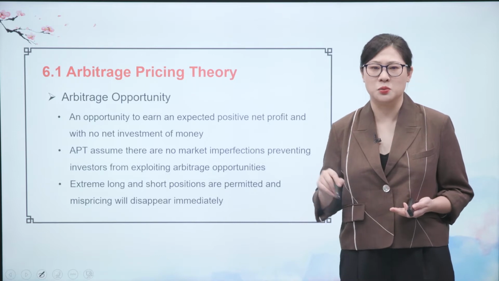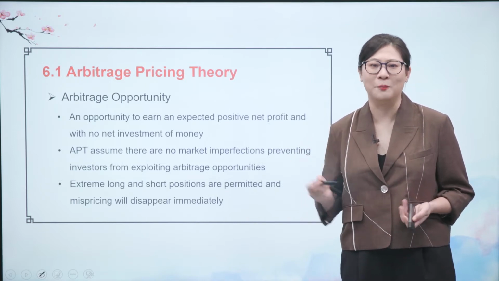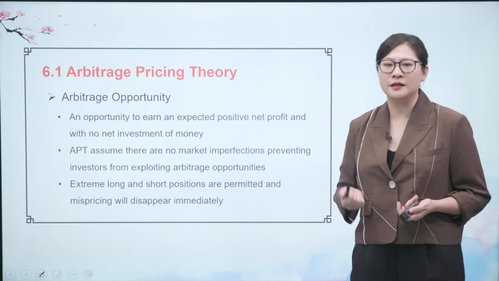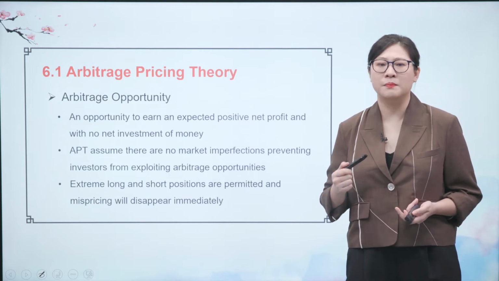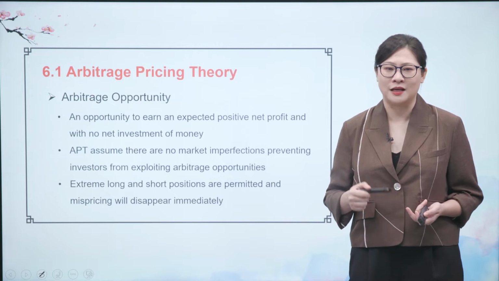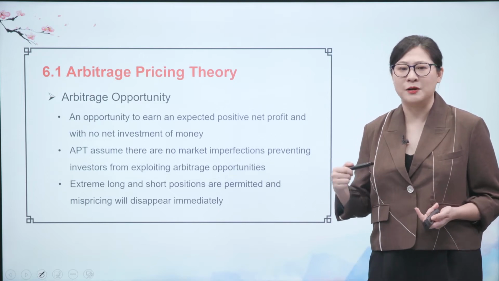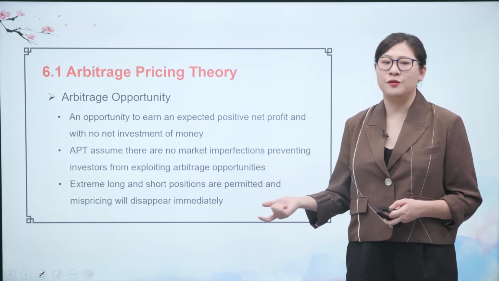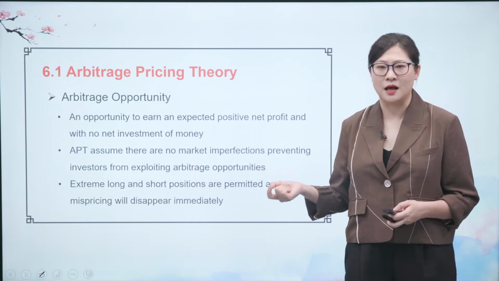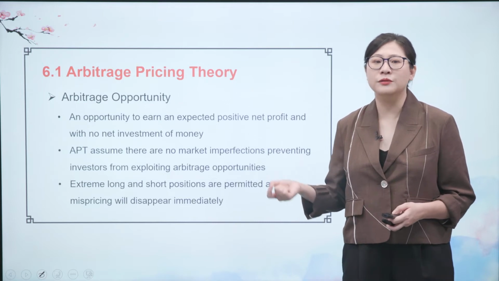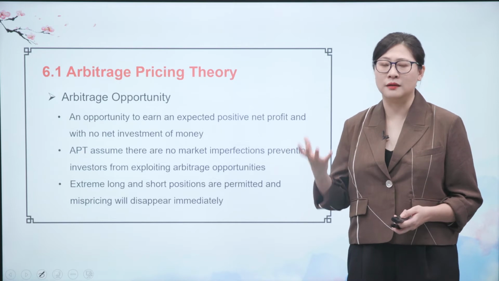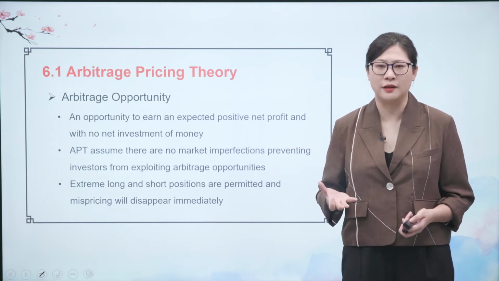In Chinese, we also call it 空手套白狼. And the second is, APT assumes there are no market imperfections preventing investors from exploiting arbitrage opportunities. So the last is, if you find that arbitrage opportunity, you can use extreme long and short positions to earn that opportunity's return.